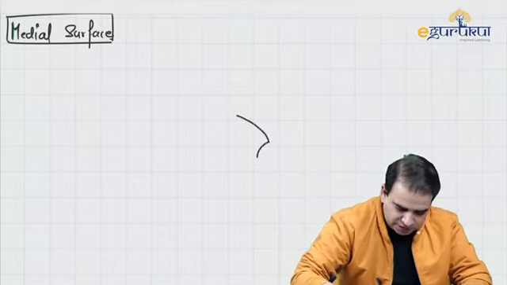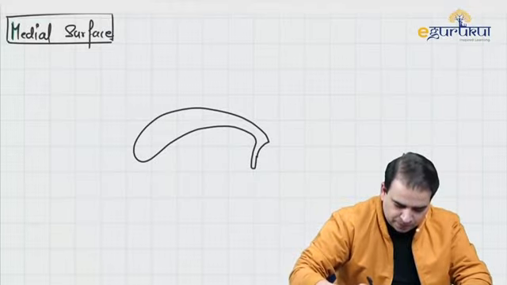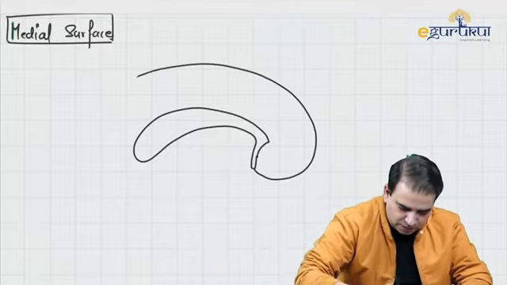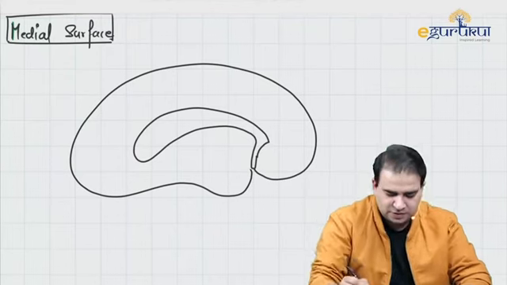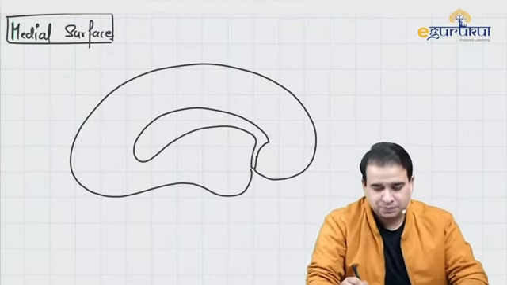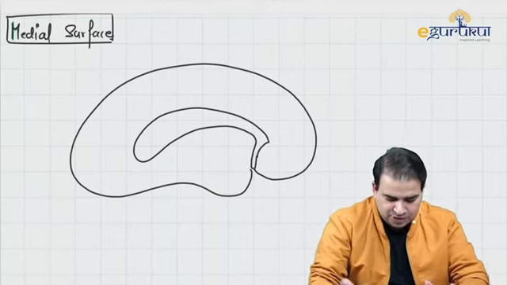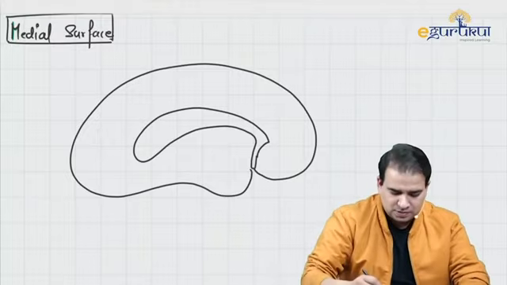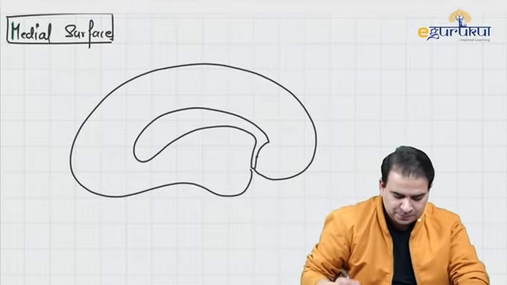Obviously, when you take the sagittal section, you have to take it along the corpus callosum. And this here is the medial surface of the cerebral hemisphere. Take your time, just draw it with me.